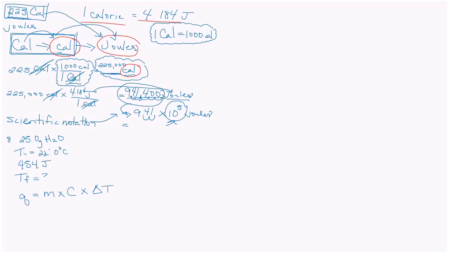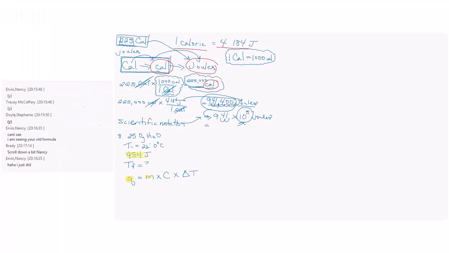What you'll notice is that we do have how much energy is put into the system, and that's 454 joules. We have the mass of our sample, which is 25 grams of water. In terms of change in temperature, we have just part of that.